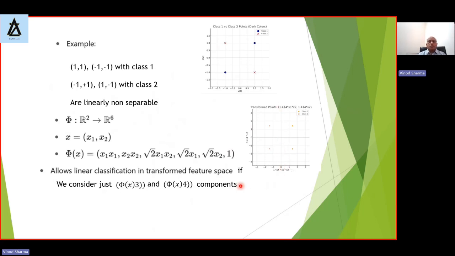So therefore what we see is that if some data is not linearly separable in its original space, by taking some appropriate nonlinear mapping phi from that to a higher space, we can possibly classify them by linear maps in the transform domain.